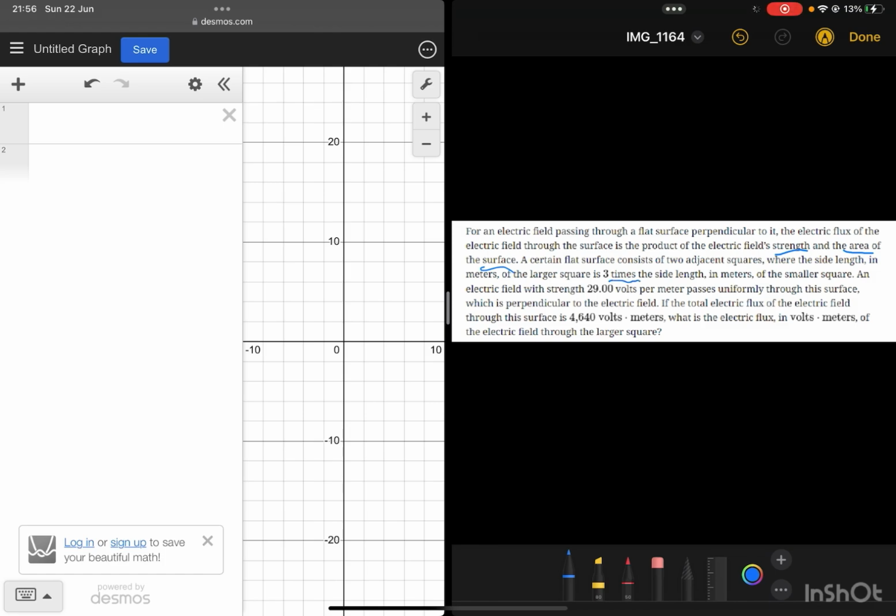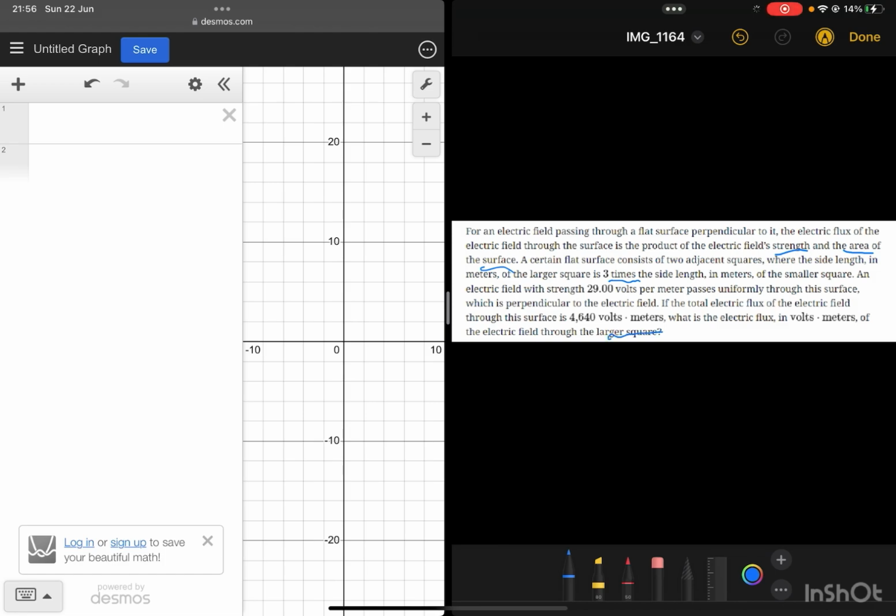An electric field with a strength of 29 volts per meter passes uniformly through the surface, which is perpendicular to the electric field. If the total electric flux through the surface is 4,640 volts times meters, what is the electric flux in volts per meter of the electric field through the larger square?